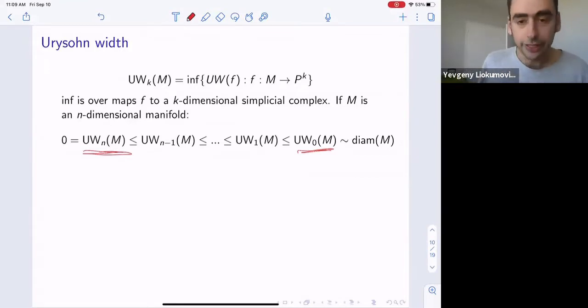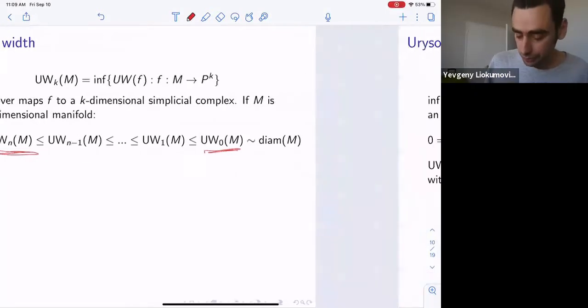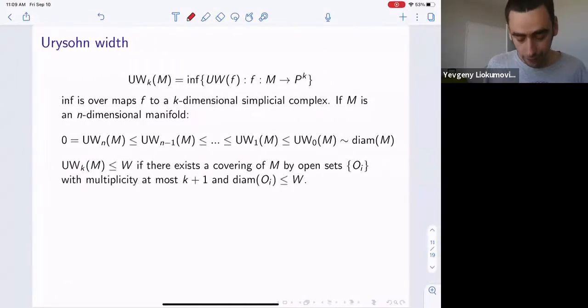So this is a very nice geometric way of thinking about it, but that's not how Urysohn width was originally defined. Originally, it was defined in terms of coverings. So there's an alternative characterization of Urysohn width in the following way.